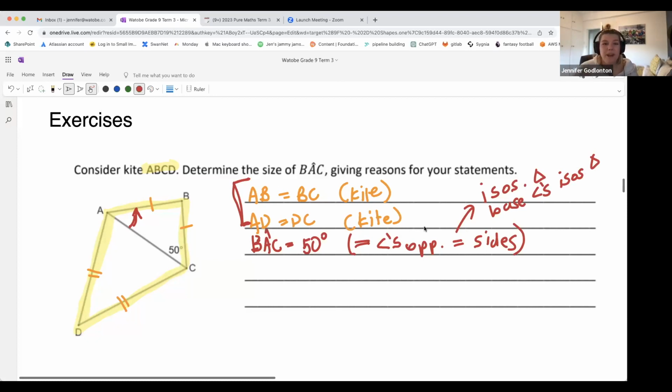This is the rule we would have to use when we get to matric. So it's a good one to start getting into our heads. And it looks much scarier than it is. All it's saying is that we have equal angles, which we know, those two are equal, and they are equal because our opposite sides are equal. That's all it means. So equal angles, opposite the equal sides.